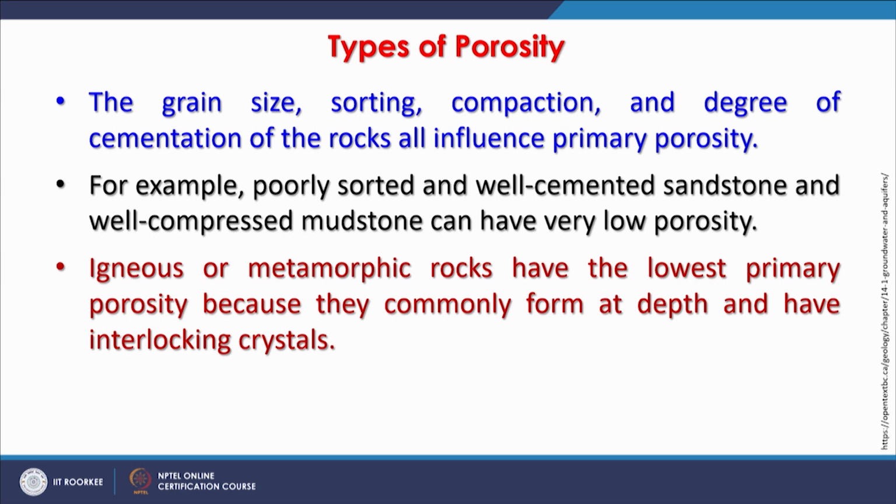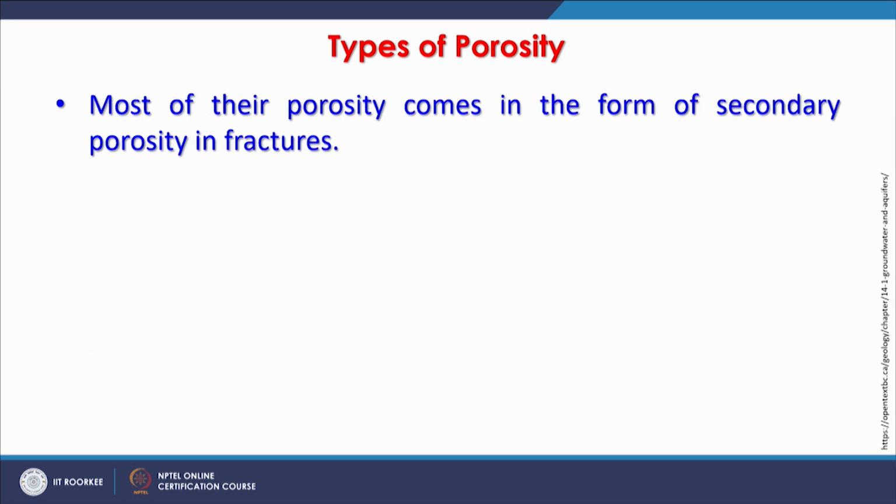Igneous and metamorphic rocks have the lowest primary porosity, because during their formation hardly any pores are left, except in the case of volcanic rocks where we may have vesicles, otherwise they have interlocking crystals. So, generally in hard rocks, igneous and metamorphic rocks, whatever porosity we are talking about is many times secondary porosity, created because of fractures and joint planes.